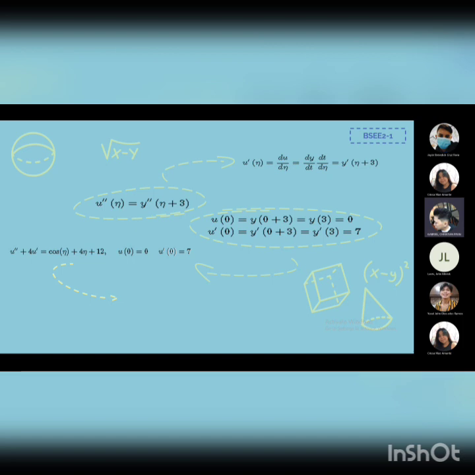So, taking the Laplace transform of this new differential equation and plugging in the new initial conditions gives s²U(s) - s·u(0) - u'(0) + 4(sU(s) - u(0)) = s/(s² + 1) + 4/s² + 12/s. So (s² + 4s)U(s) - 7 = s/(s² + 1) + 4/s² + 12/s.